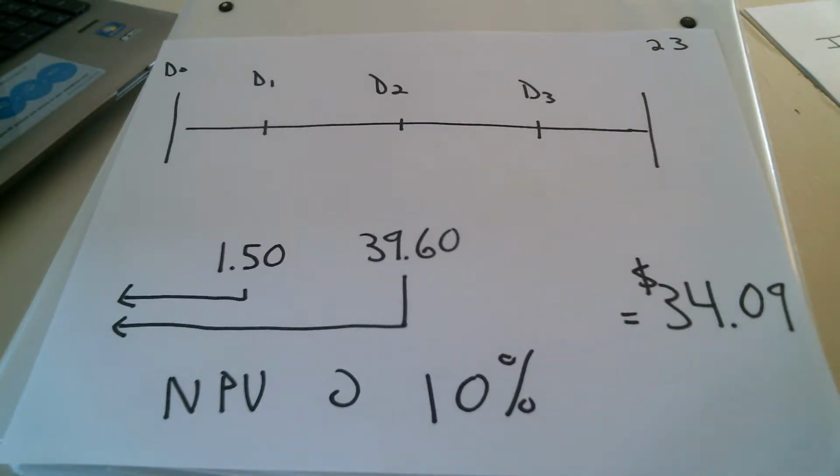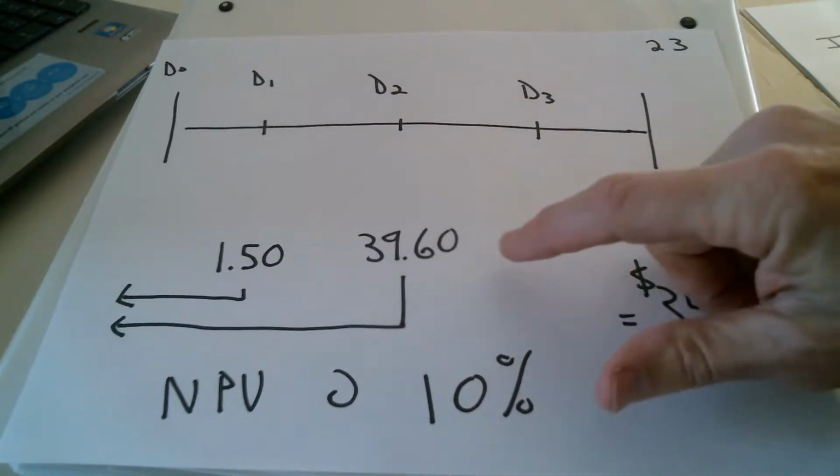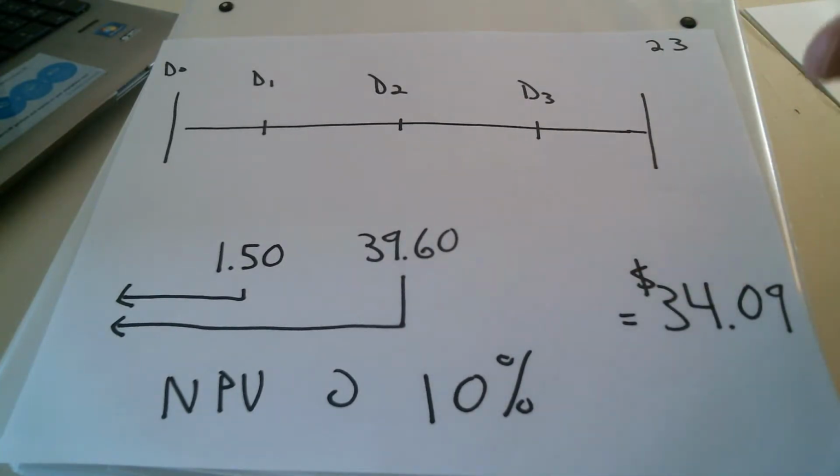So if we take each of those cash flows and plug them into your cash flow calculator, D0 is going to be 0. Okay, there's nothing there. D1 will be $1.50. Cash flow D2, remember, is $39.60, which is the dividend amount and the price at P2. So we added those two together.